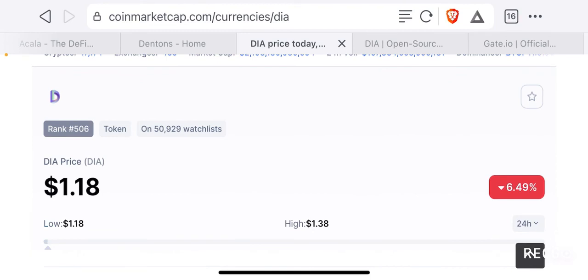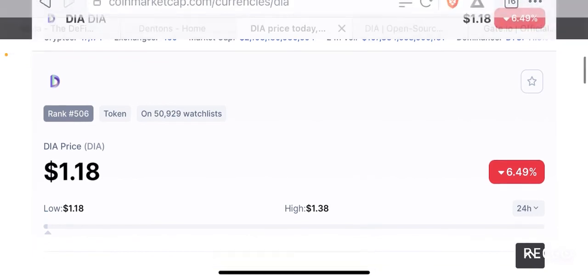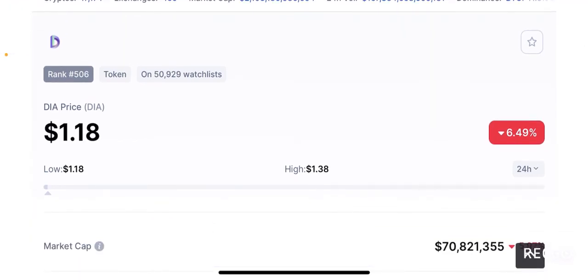So what's my final verdict on this token, guys? I think this token is a really good token to keep your eye out for because oracles are definitely popular, and every single blockchain, regardless of whether they're old or new, needs an oracle because oracles are the way DeFi applications, NFTs, and everything else within a smart contract blockchain gets the data from.